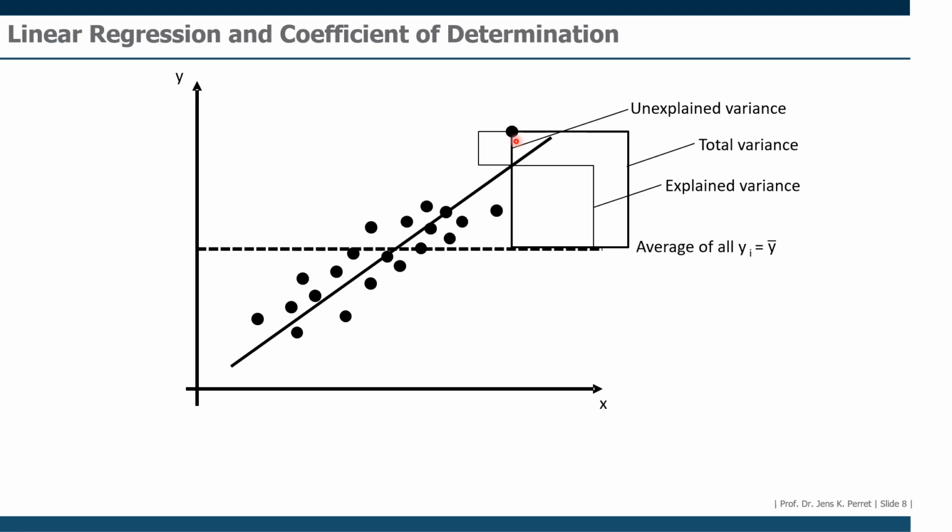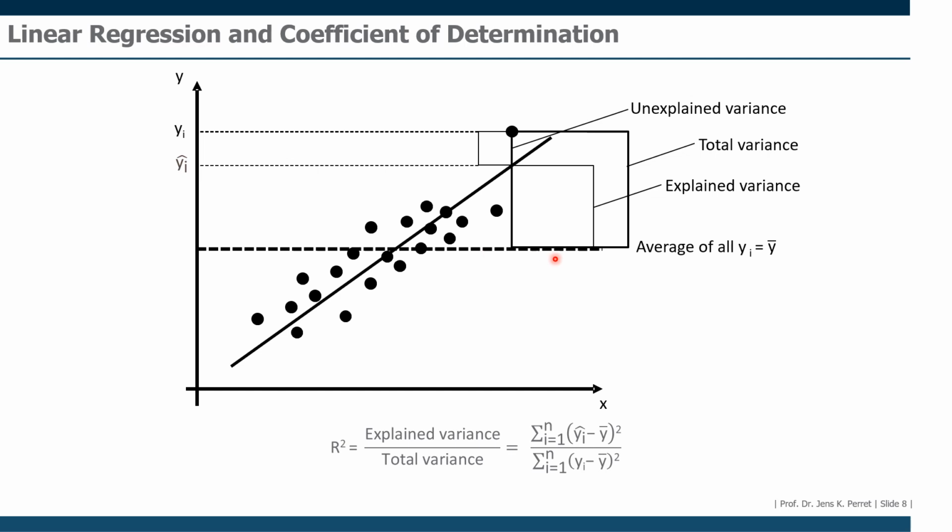And that's what the coefficient of determination is all about. Which share of the total variance of our y could we explain if we use the determined regression line as a helpful tool, and not refer simply to the arithmetic mean of the dependent variable?